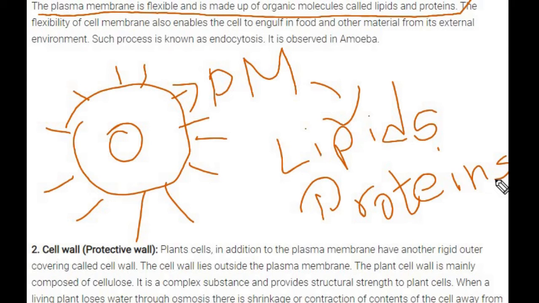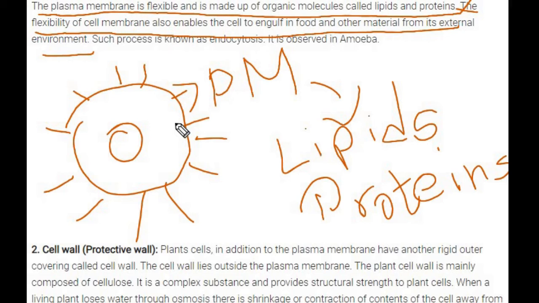The flexibility of the cell membrane also enables the cell to engulf food and other materials from its external environment. If we take the example of amoeba, amoeba takes food through the process known as endocytosis, and it moves through pseudopodia, as we know earlier.